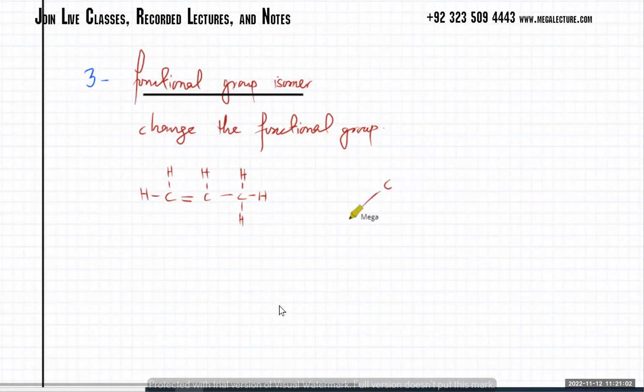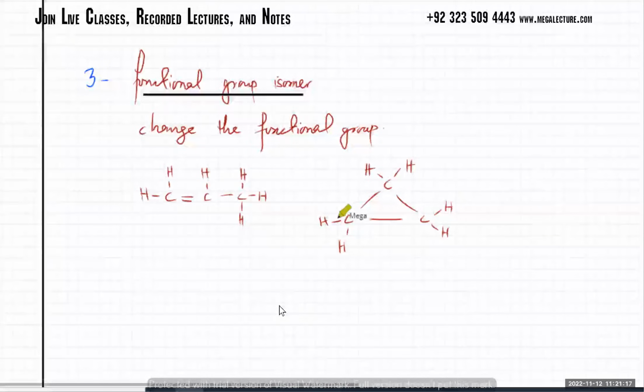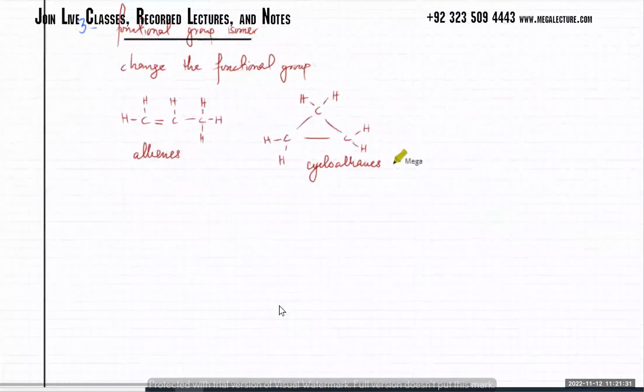That's cycloalkane. So this one will have two H's. It's saturated. All bonds are single bonds. So alkenes and cycloalkanes can be isomers of each other. Similarly, you will have other ones as well, like aldehydes and ketones.